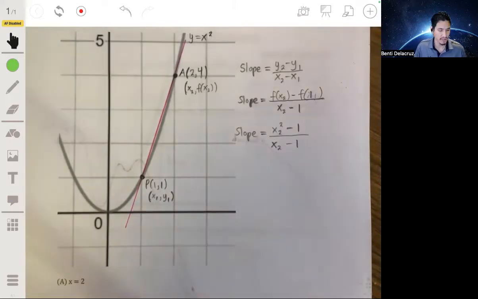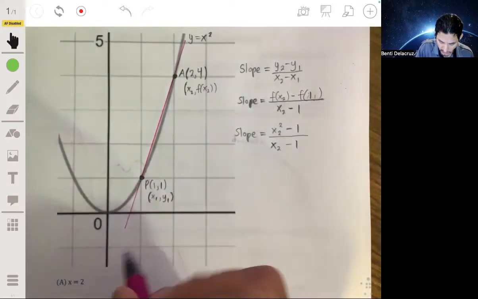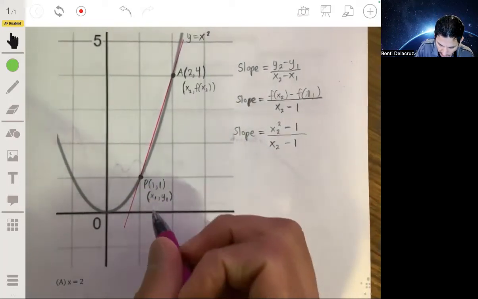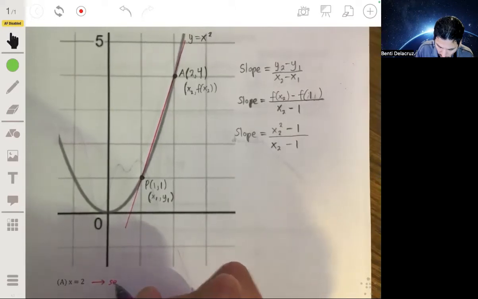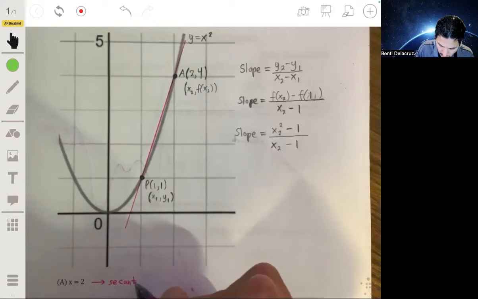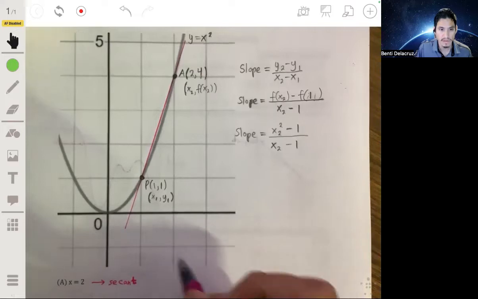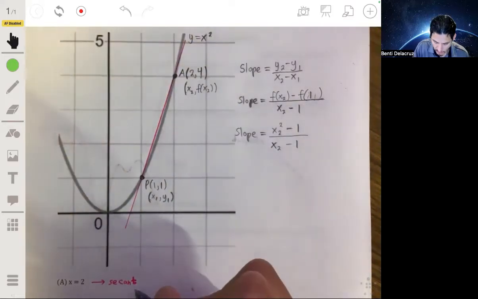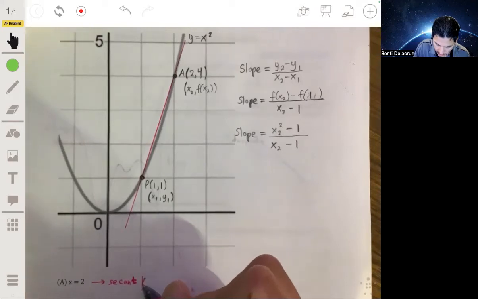Anyways, so let's look at the slope of this secant line. So this is our first secant line. Let's write this secant line A, let's call it PA actually, PA.